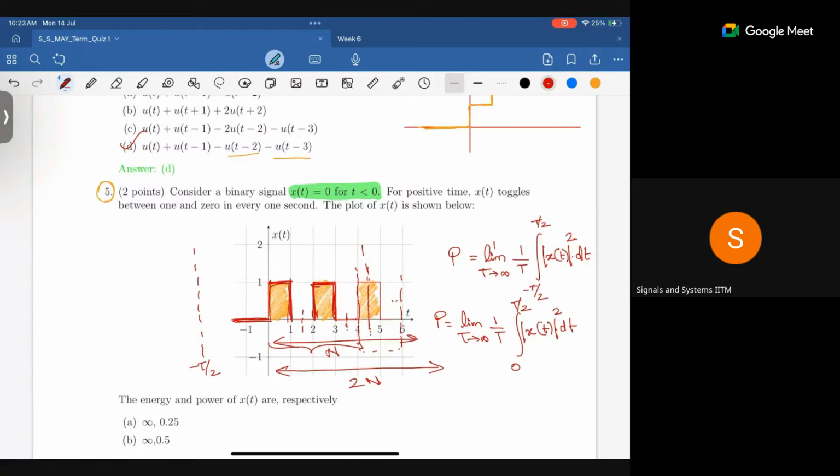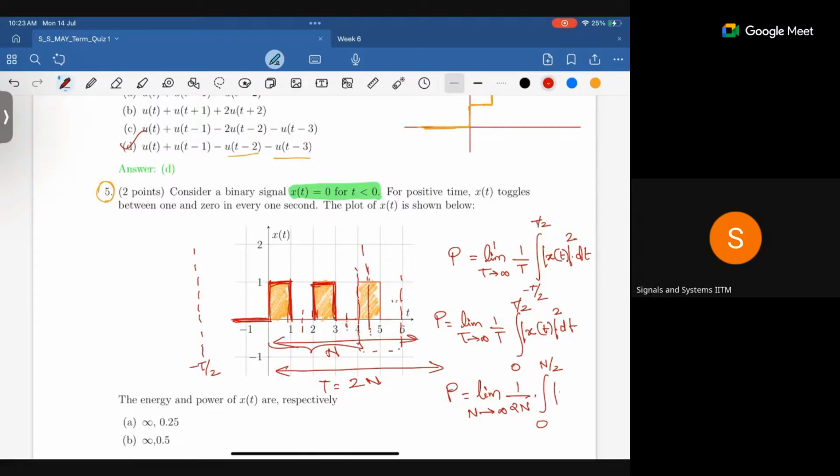And then the power will be the limit as n tends to infinity. Now t is 2n, from 0 to n by 2, right?